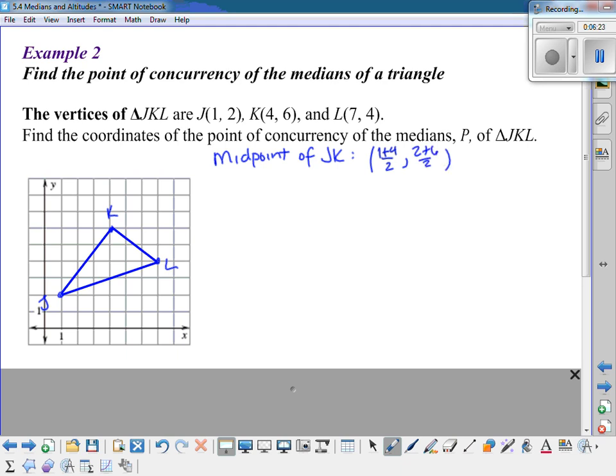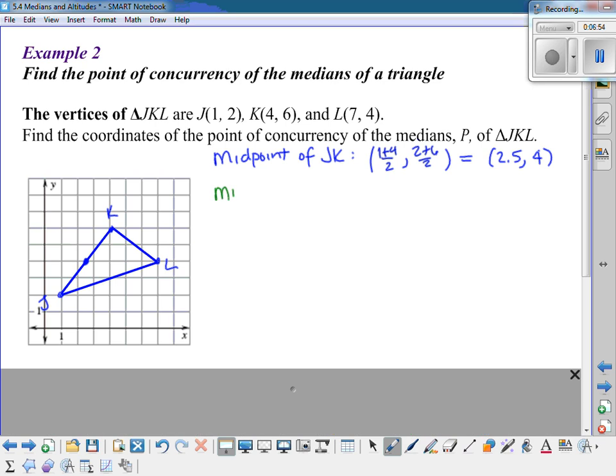And so that 1 plus 4 is 5 halves, so that's 2.5. And 2 plus 6 is 8 divided by 2, so that's 4. So (2.5, 4) would be the midpoint of JK. So I'll go ahead and mark that. 2.5, 4. There we go, right there. It's the midpoint of JK.